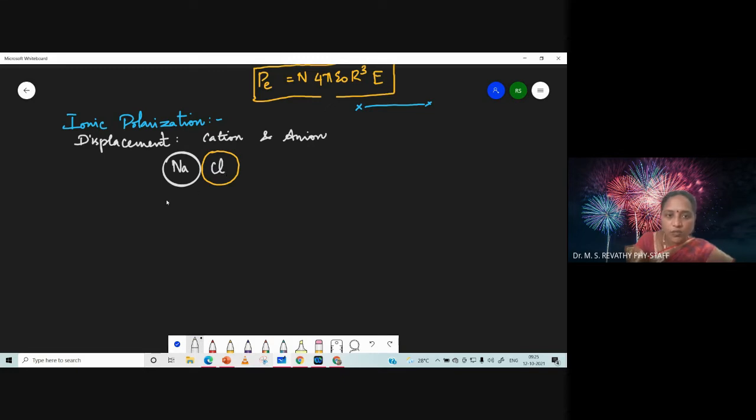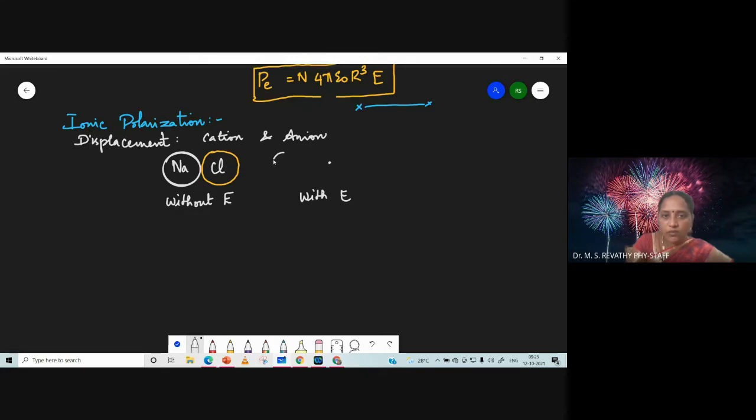When you consider that the field is absent, without electric field, Na and Cl will be close together. They will be in an equilibrium state. When an electric field is applied, they just shift from the equilibrium position.